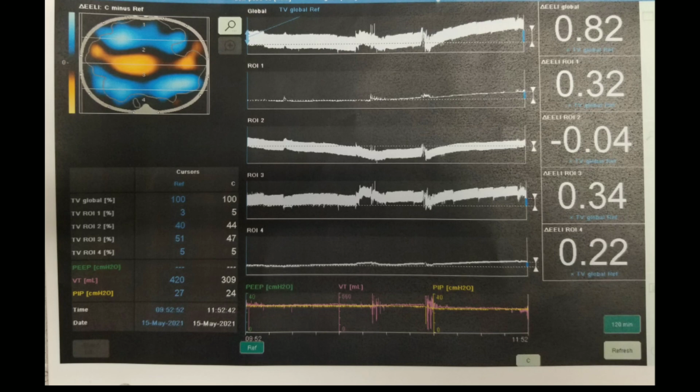So we see a shift away from the mid areas to the ventral regions and dorsal regions, creating a more homogeneous distribution of ventilation.